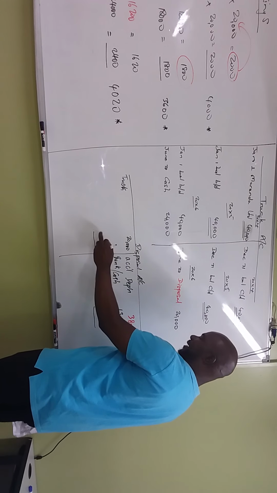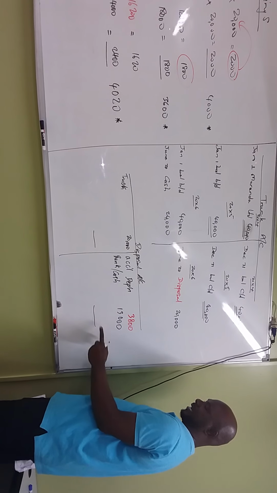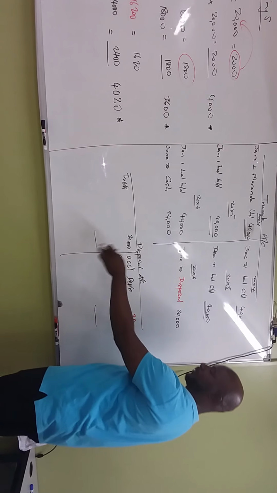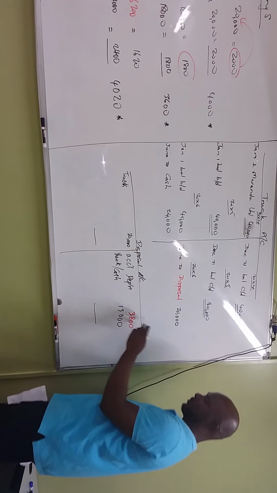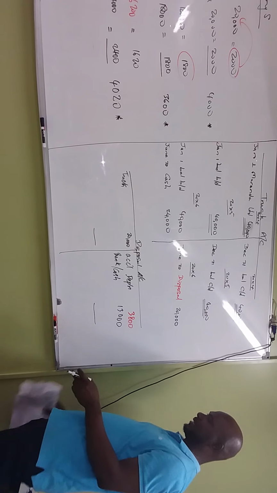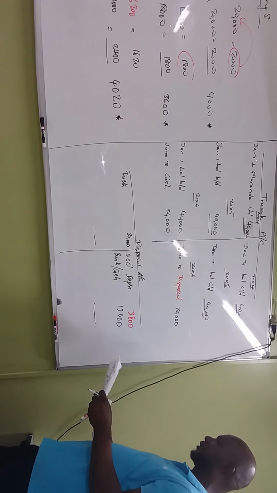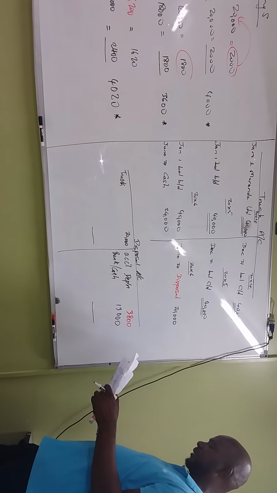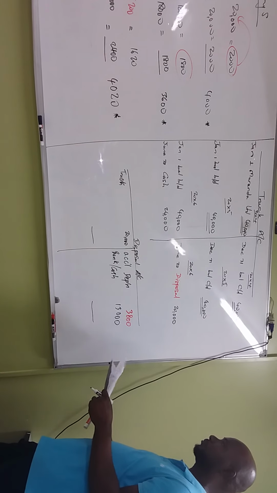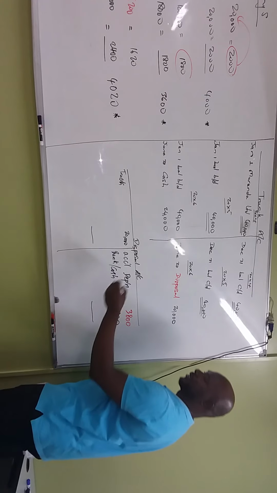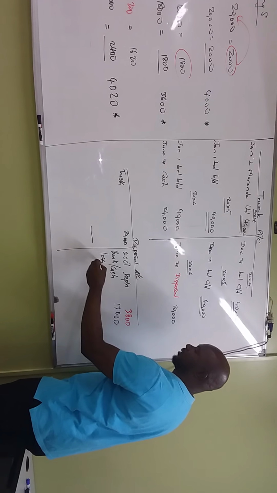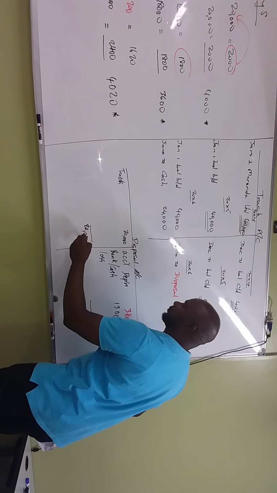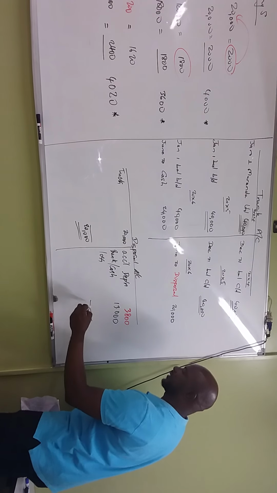Whereas if your debit side is greater, it means the credit side is short, therefore you would have made a loss. When you add up the debit side, you get $20,000. When you add up this side, you get $16,800. So therefore, you would have made a loss on the sale of that asset.